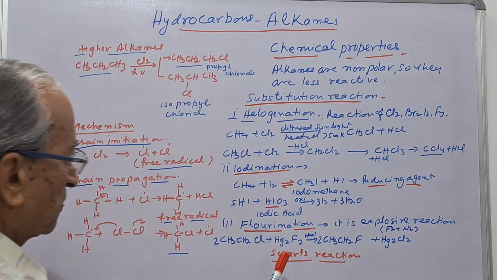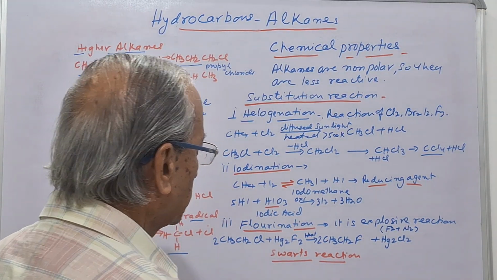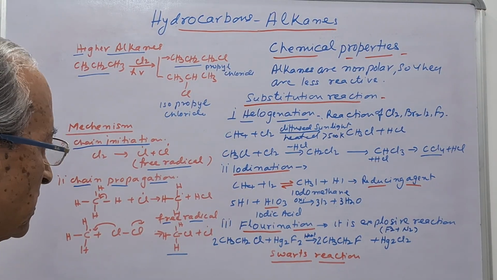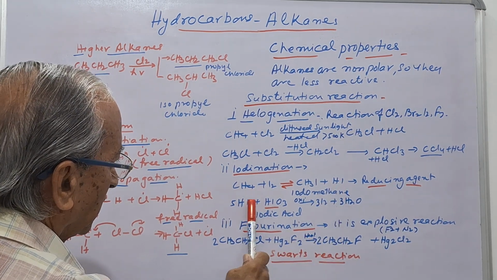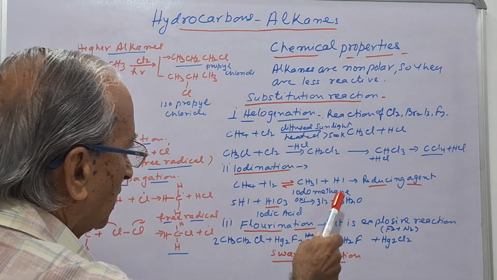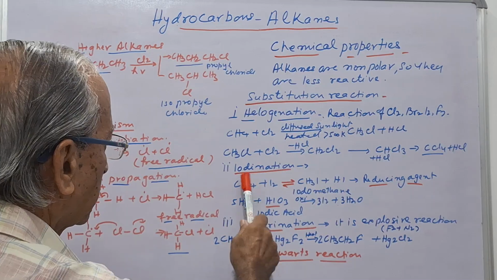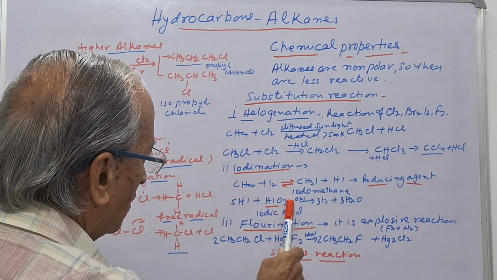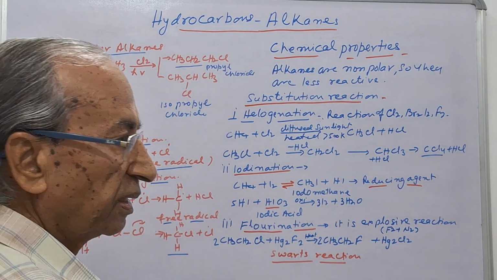So this reaction takes place in the presence of an oxidizing agent. It may be iodic acid or nitric acid, where HI is converted to iodine and water. So HI is oxidized to iodine. So iodination takes place in the presence of an oxidizing reagent, that may be iodic acid or nitric acid.